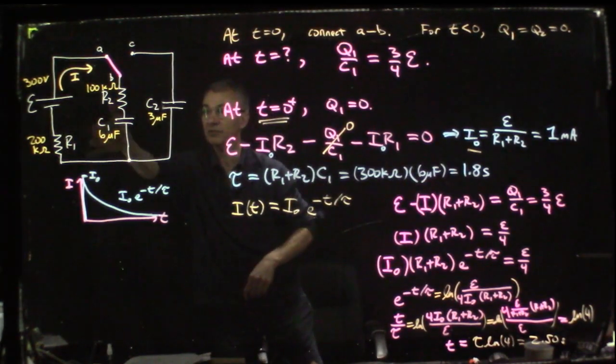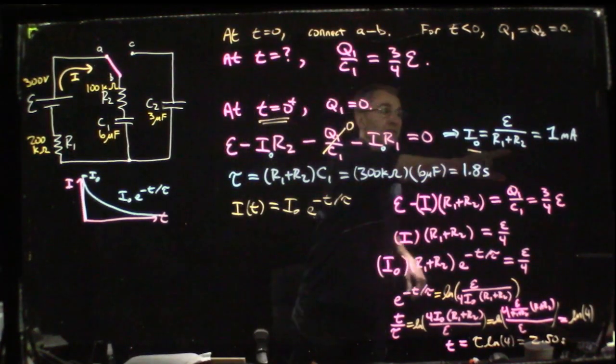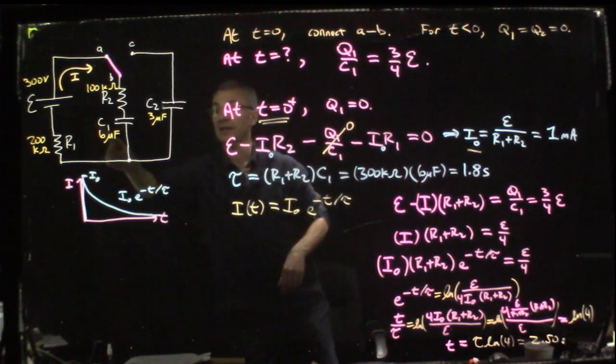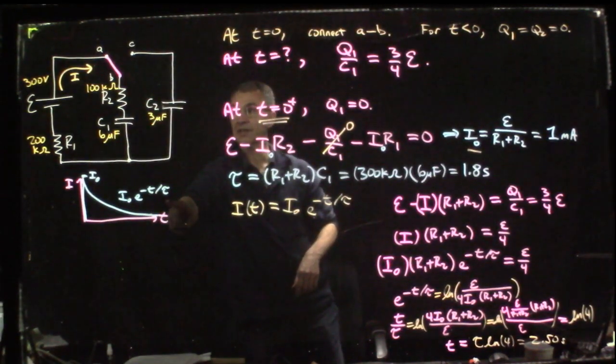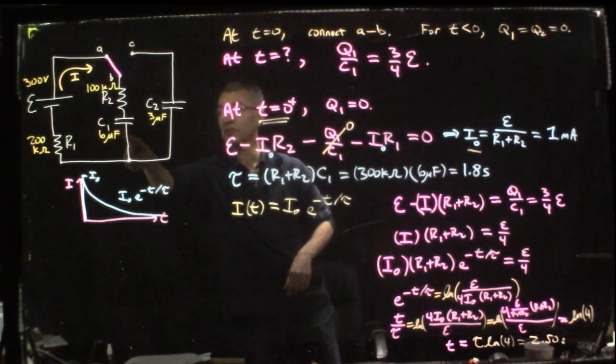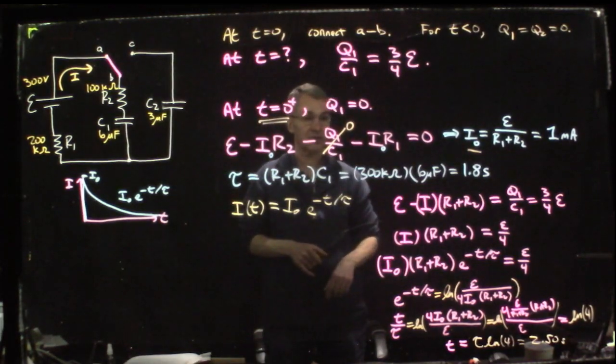This is battery EMF divided by R1 plus R2. That's the initial current. And then there's some exponential decay time, tau, and that exponential decay time is this capacitance multiplied by the series combination of these two resistors. Okay.